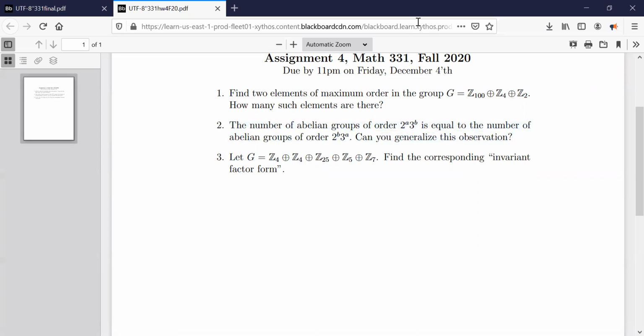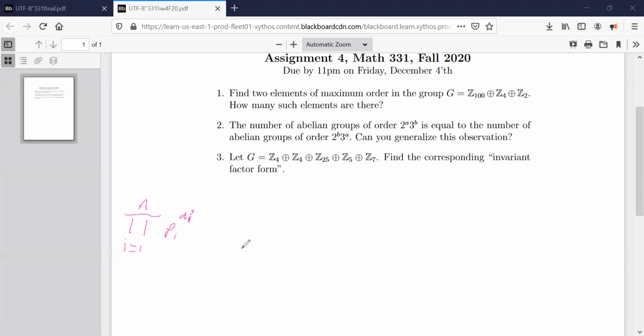This generalization, I believe, is actually already in your notes, right? So if we have p_1 to the a_1, let's just do this as the product of i from 1 to n of p_i to the a_i.